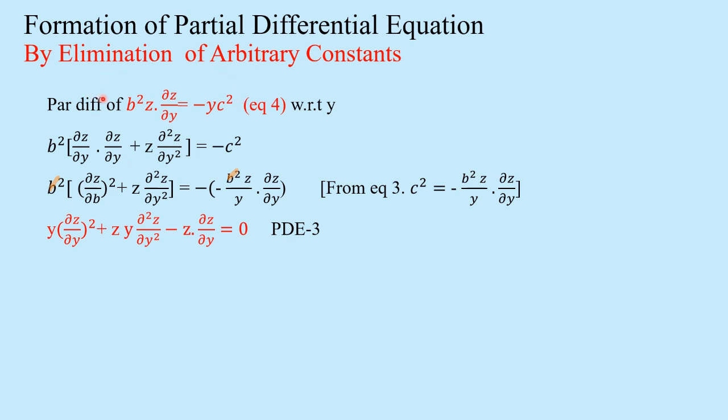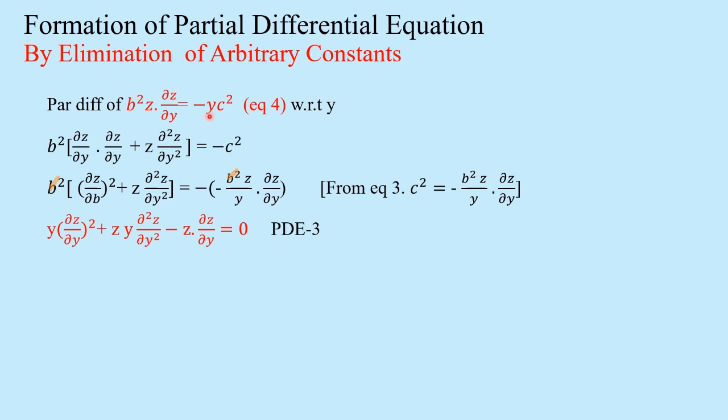If we differentiate equation 4 with respect to y, we get this b square, which we'll keep here. Here again the product rule. So differentiation of z is dou z by dou y into this, which we'll keep as such, plus, now this we'll keep as such and differentiate this.